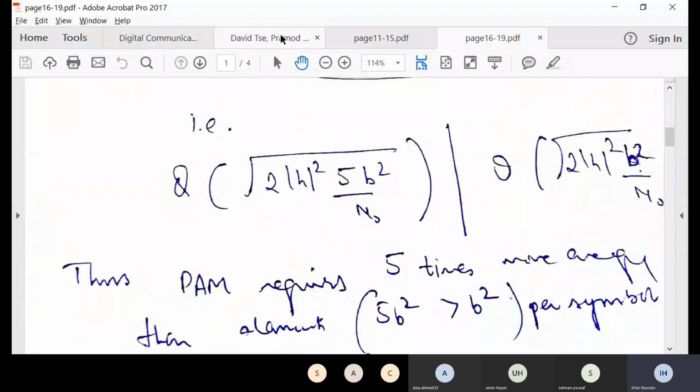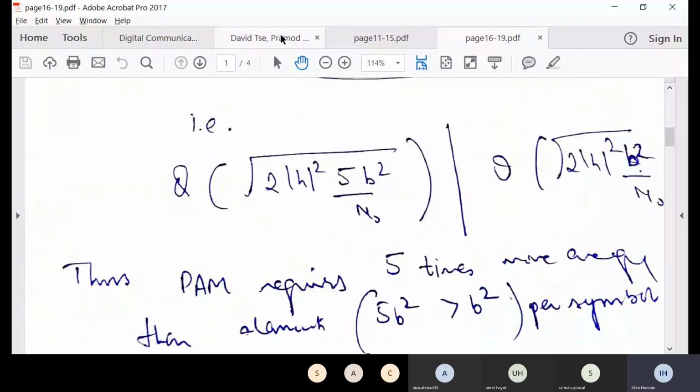Now, taking into account the factor of 2 energy saving, since we are only transmitting 1 symbol at a time in the repetition scheme. In repetition, we have just seen that it is sending only 1 symbol at a time. It is not sending 2 symbols at a time.